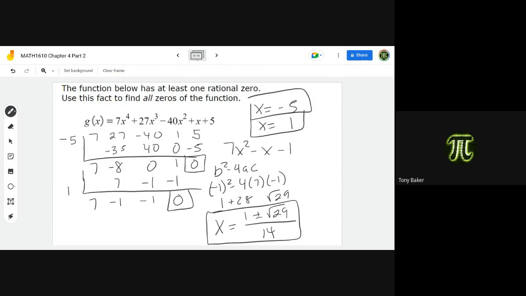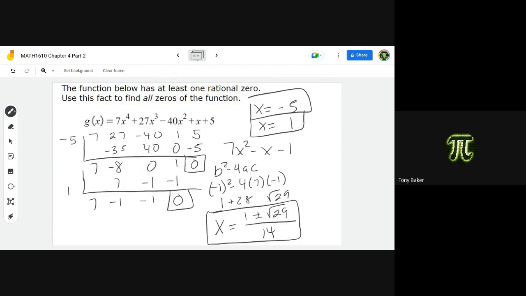And when you're testing them, the only ones that would work are the ones that come out to be 0. The thing about it, though, is if you're going to test it that way, once you get a 0, don't go back to the beginning. Work with that now known number. So if you start off at negative 5 because that's the smallest one you'd have, it works. So okay, we got the 0. Don't go back and do the 7, 27, negative 41, and 5 again.